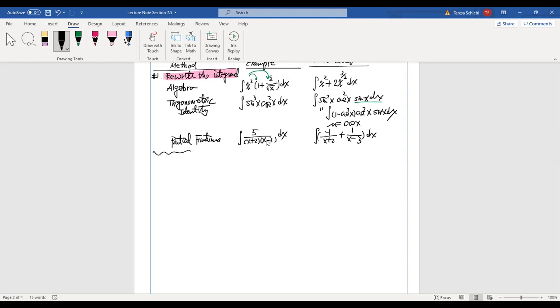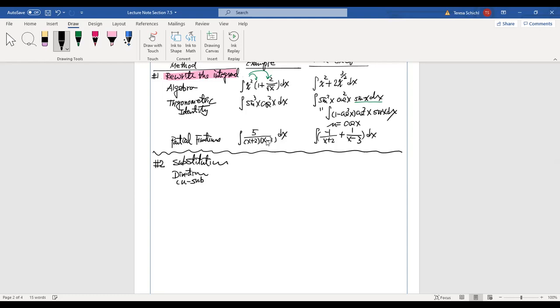Okay, so now the second strategy we talk about is the substitution. The first one we talk about, we call this a direct substitution, and most people call this u sub.